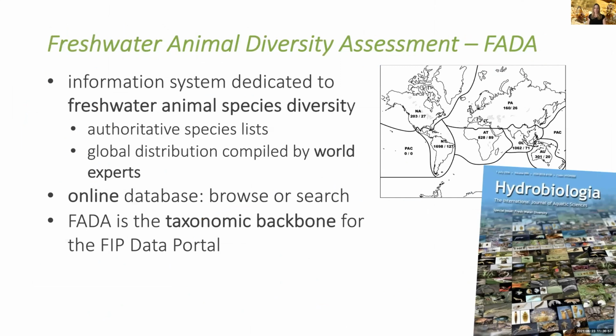This is an information system that is dedicated to freshwater animal species diversity on a global scale. It contains curated species lists, and it contains global distribution patterns, which were both compiled by world experts for the specific freshwater organism groups.